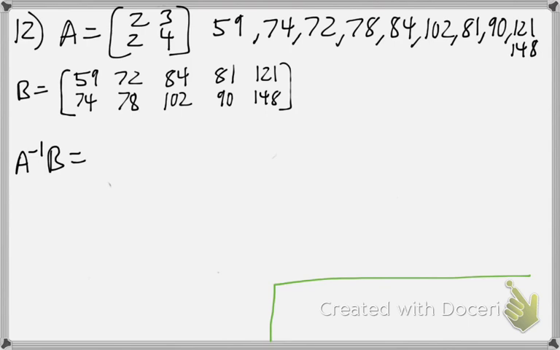And then I want to do the inverse of A times B. So I want to go to matrix A and then raise it to the -1 and then multiply by B. So it should look like that on the home screen.